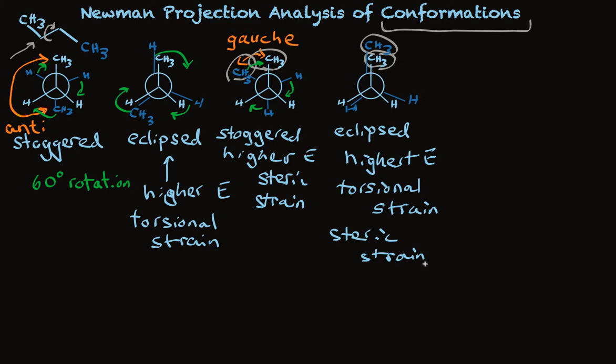Now we could rotate another 60 degrees. Holding that front one still, we'll move the back one, those dark blue ones. And get another conformation. This one again has the gauche relationship. It will be staggered, like this one, but it still has some steric strain because of the interactions here.